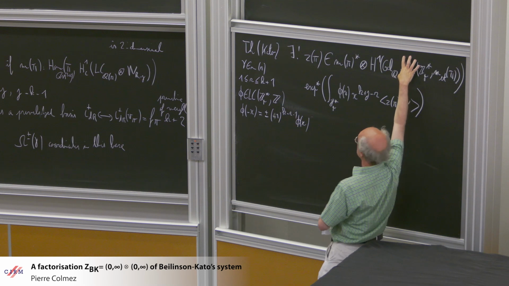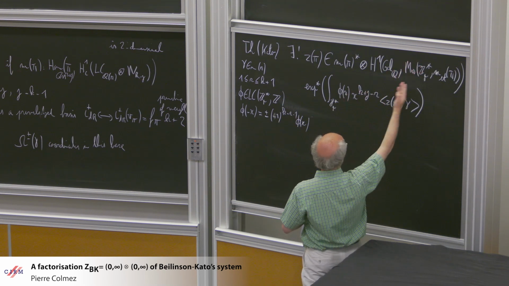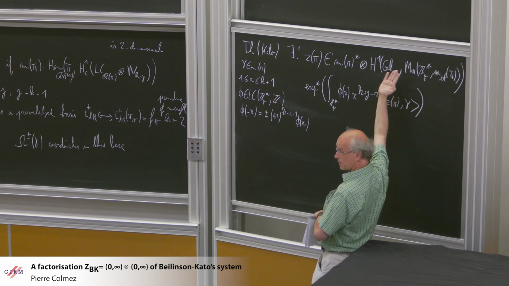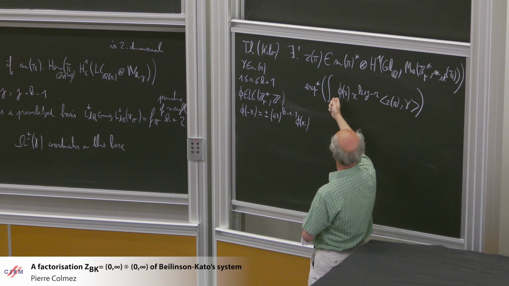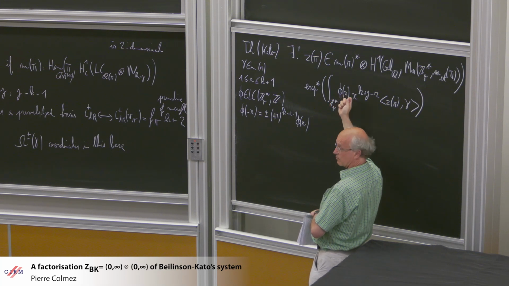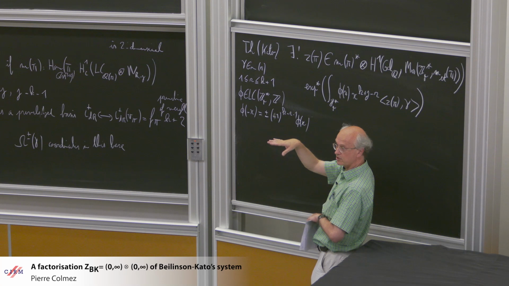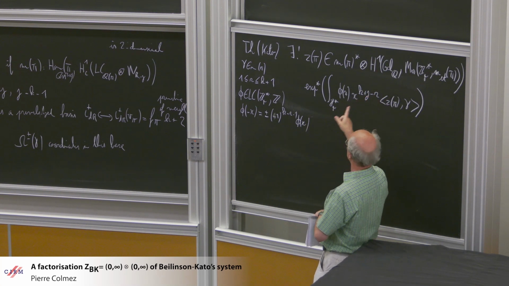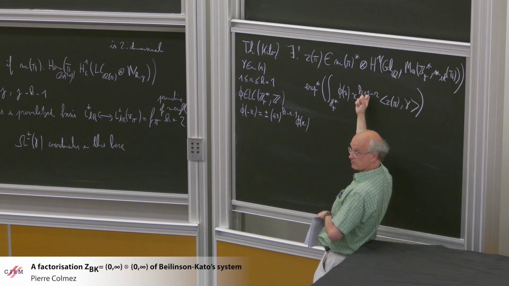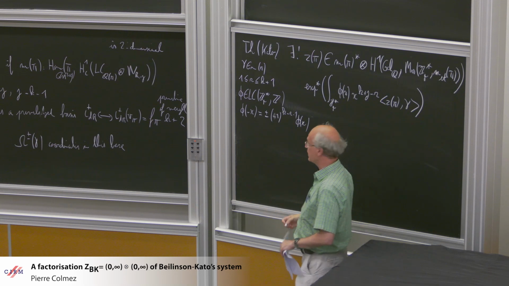And then an element here, you can evaluate it on any continuous function on Z_p star. But if you evaluate it on a function which is locally constant times a power like this, you get a cohomology class in a finite cyclotomic extension of Q_p, with a twist given by this power here. So you get a whole bunch of cohomology classes.